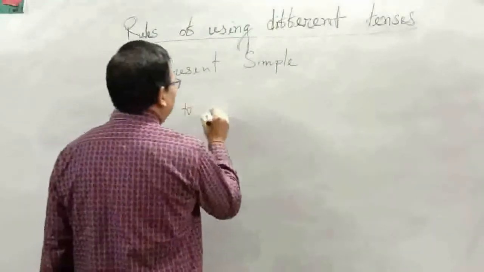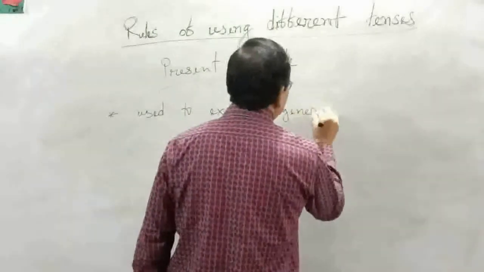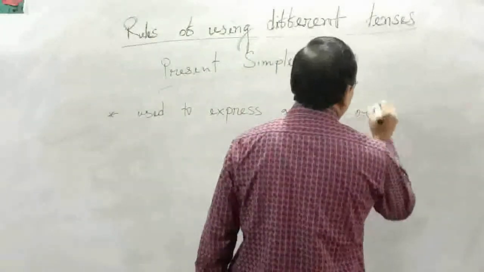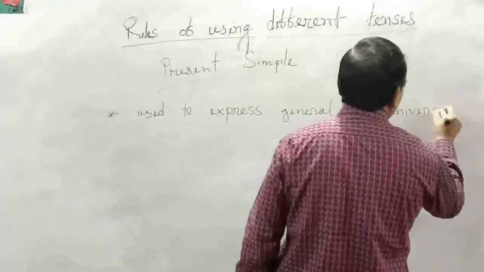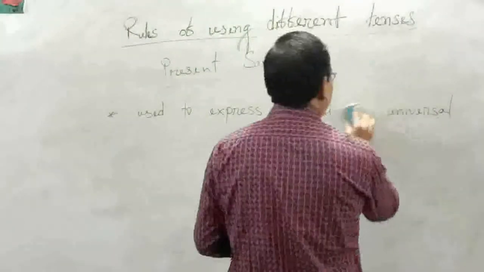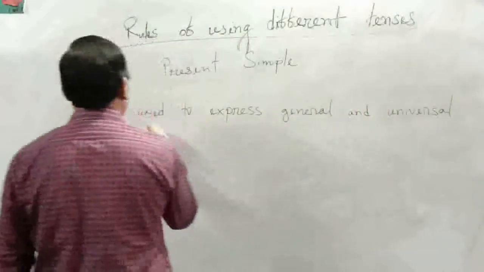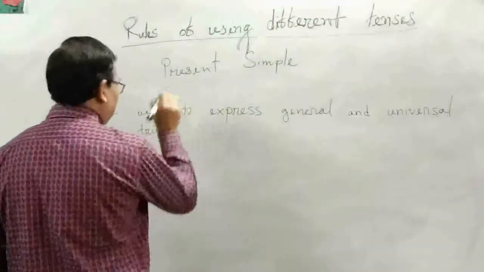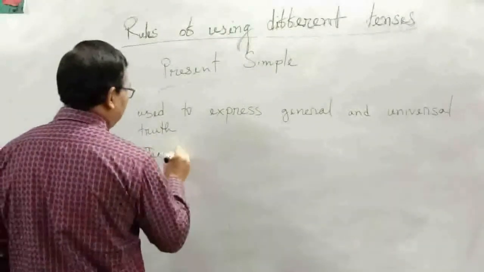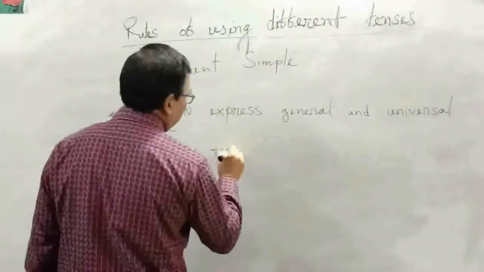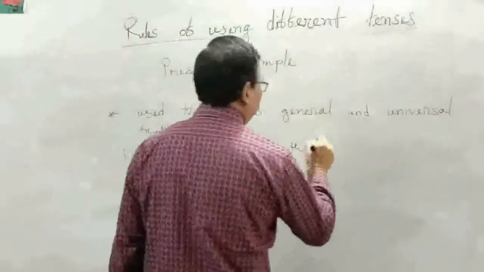Again, present simple or present indefinite tense is used to express general or universal truth. The examples are: number 1, the sun rises in the east.